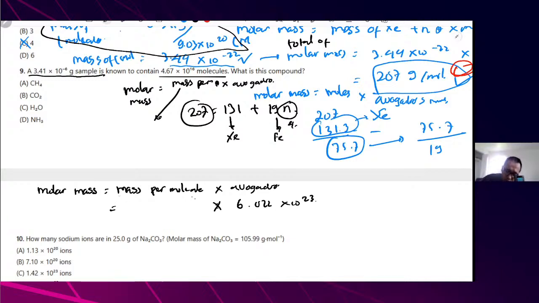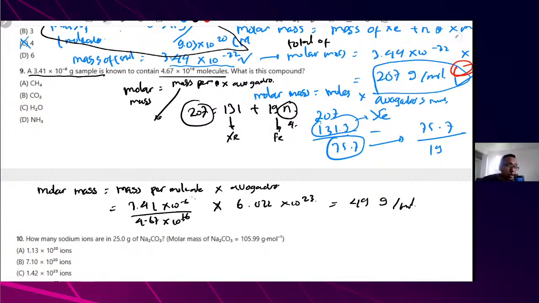Oh, okay, mass. The mass should be on top, and then 4.67, and then we are getting around, this one is around 44 grams per mole.